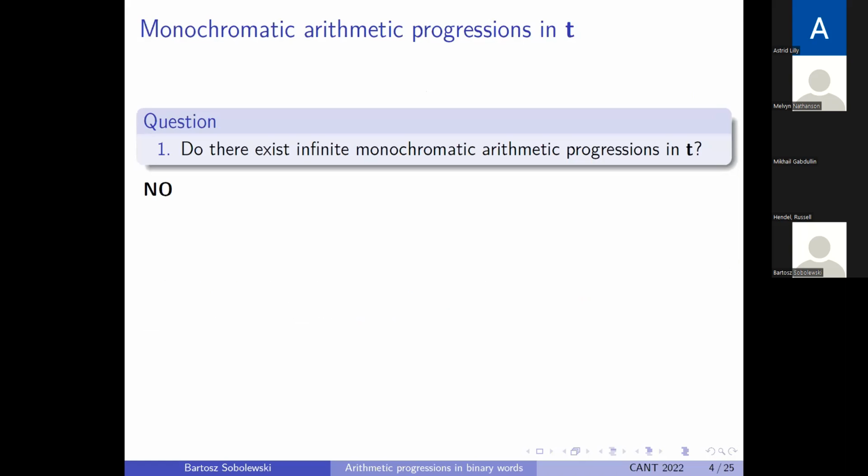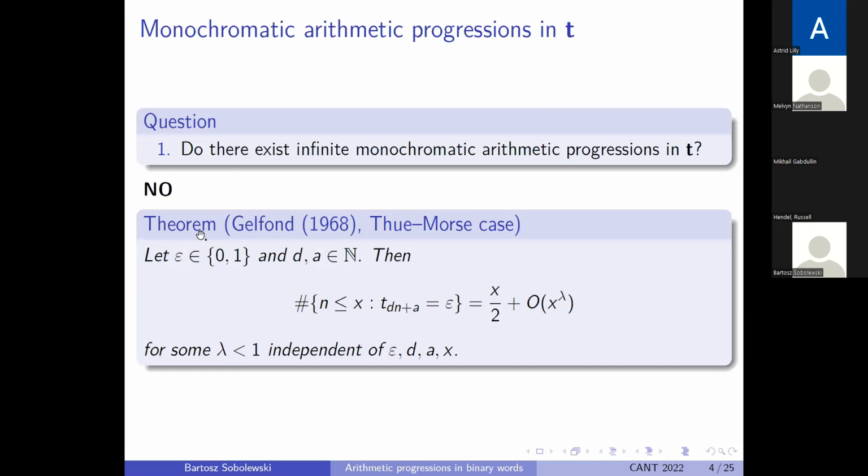And the answer to the first question is no, which follows from a result of Gelfond, which is more general than the version I am showing. However, this is adapted to our case. Namely, if we pick a binary digit, 0 or 1, then this digit appears with frequency 1/2 in the Thue-Morse sequence taken along the arithmetic progression dn plus a.